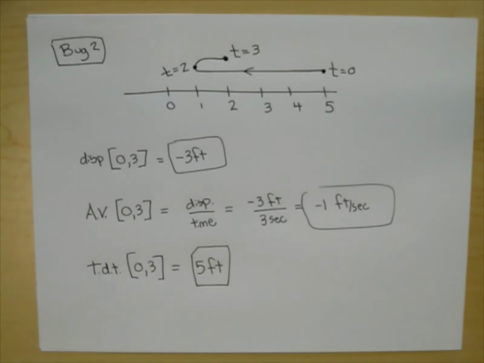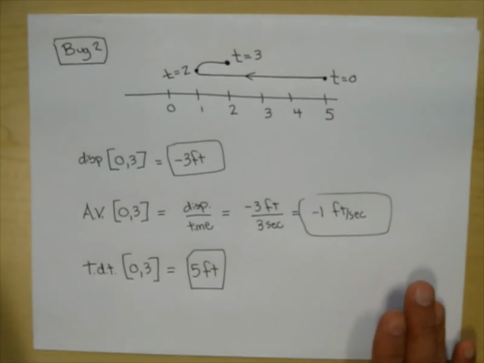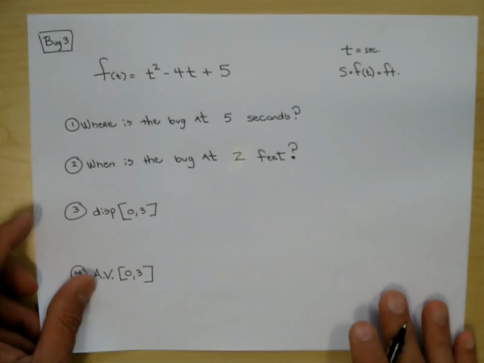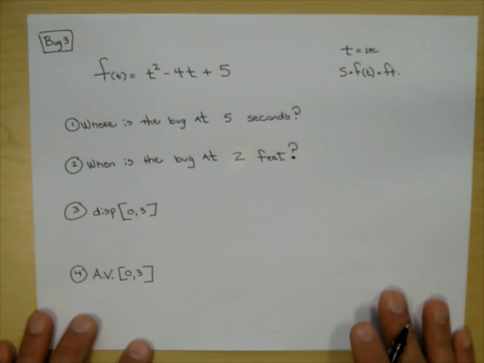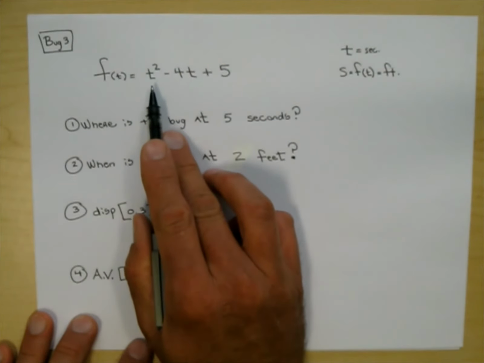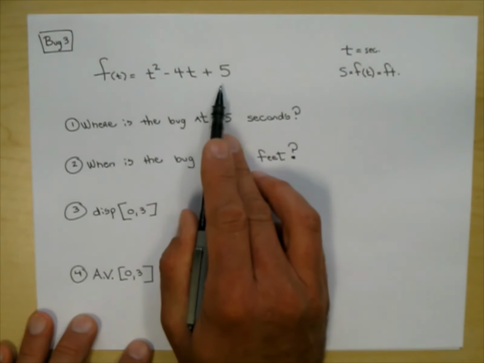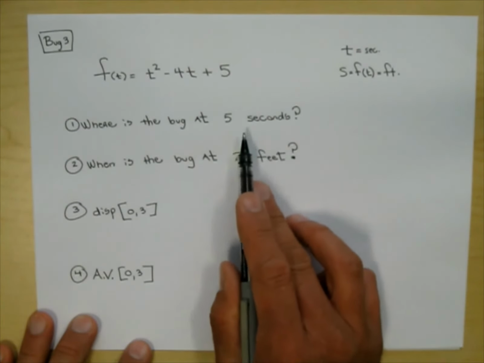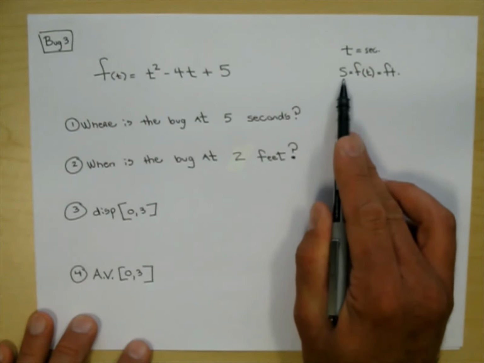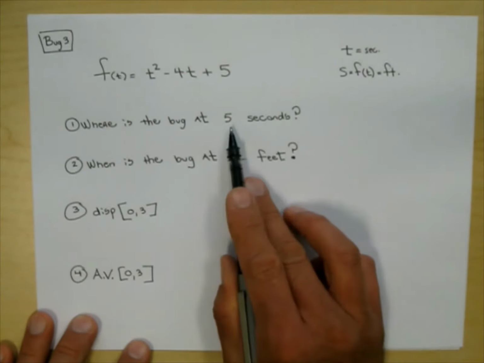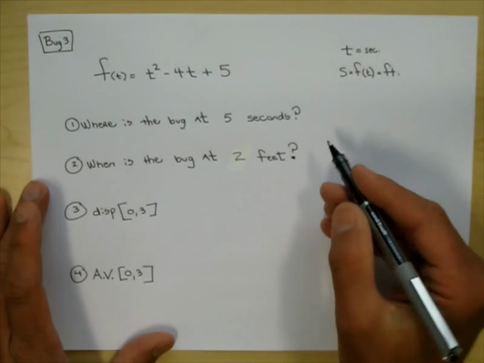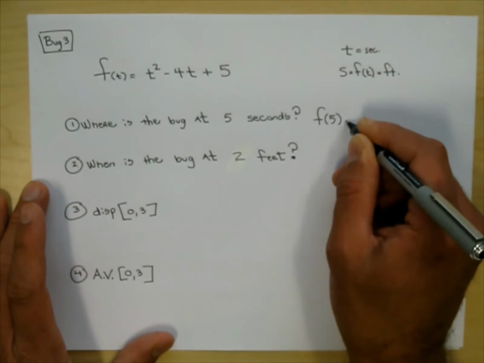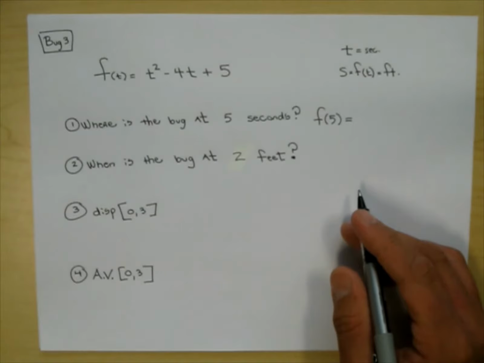Okay, let's go ahead and do a problem from bug number 3. Time is seconds. S, or f of t, is feet. And I might give you a function here, and it looks like this. t squared minus 4t plus 5. Where is the bug at 5 seconds? Okay, so they're asking the position. They're asking us for the output, and they give us the input of 5 seconds. So this is what we do. We plug 5 into the position function, and it will tell us where.